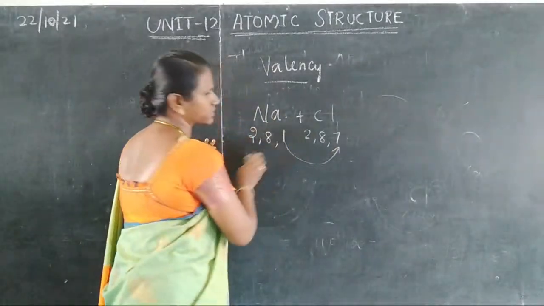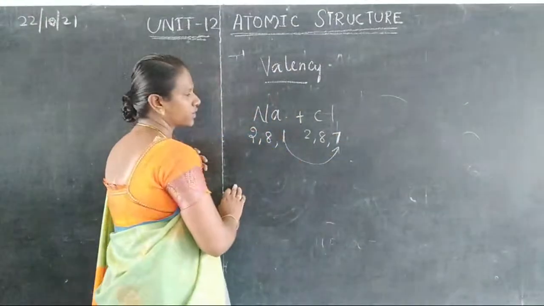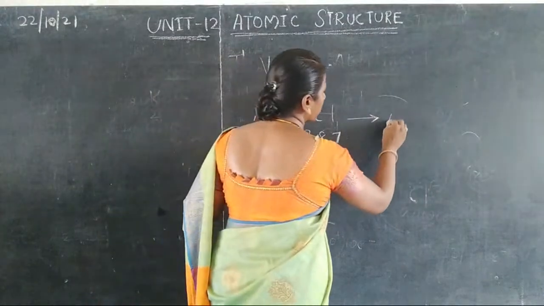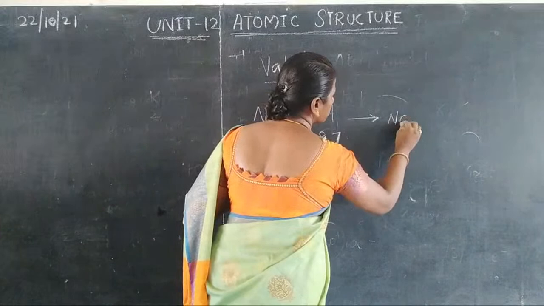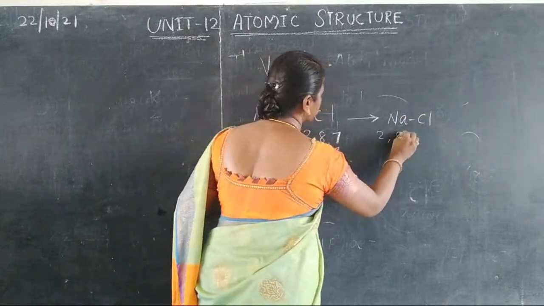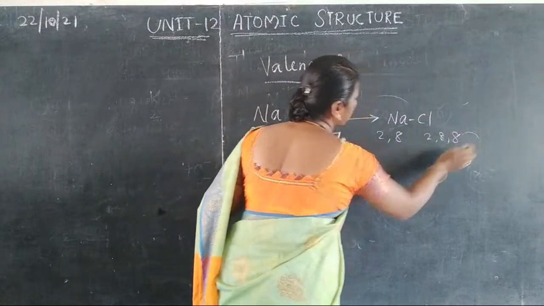Sodium loses its electron and chlorine gains an electron. So they combine with each other. After formation, sodium will attain 2, 8 and chlorine will attain the 2, 8, 8 configuration.